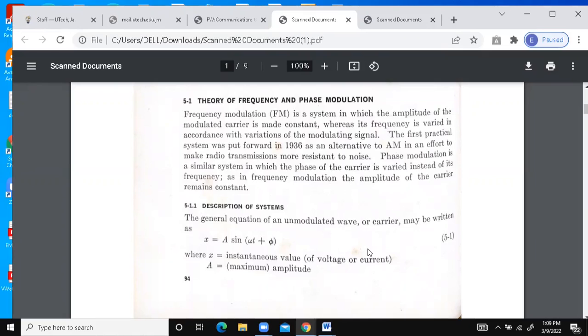So frequency modulation, you vary the frequency. Phase modulation, you vary the phase. As in frequency modulation, the amplitude of the carrier remains constant. It's very important. The amplitude remains constant.